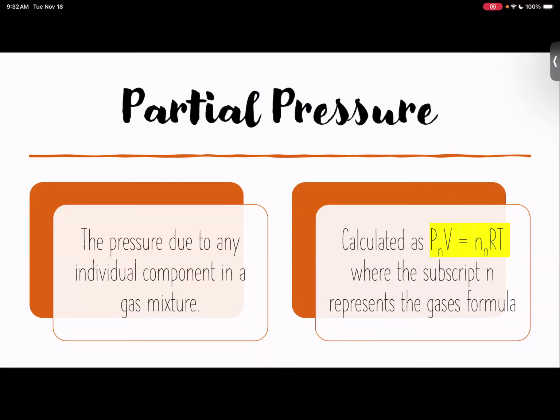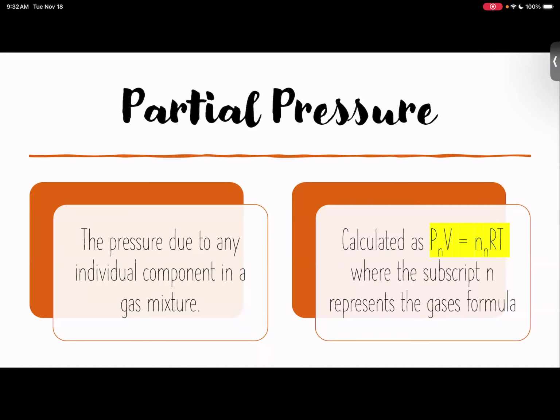We can apply this concept. We can use the ideal gas law to figure out the partial pressure associated with any single gas, because it would be the pressure of that particular gas times the volume is equal to the number of moles of that particular gas times RT.